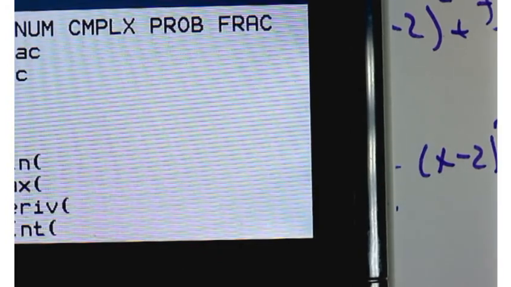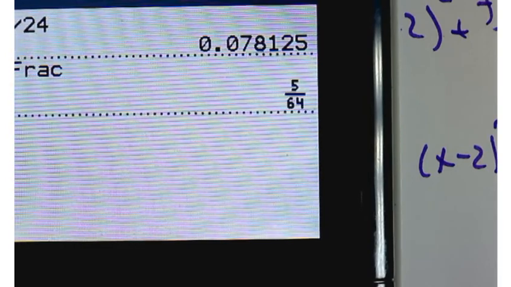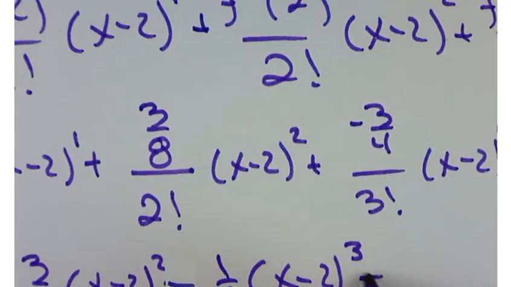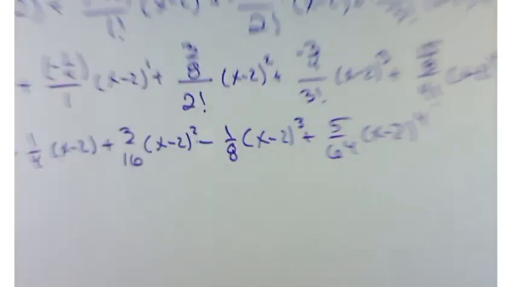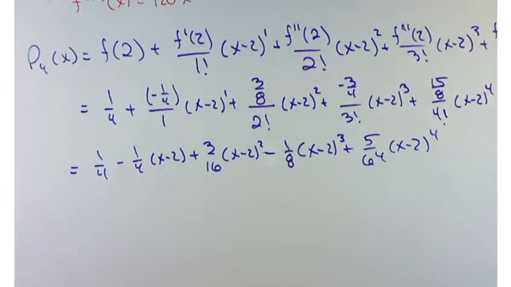Math key, answer to fractions. 5/64. Yes! Woohoo! All right. Plus 5 over 64 x minus 2 to the 4th power. So wow, kind of ugly, but you know, it is what it is. That's our polynomial.